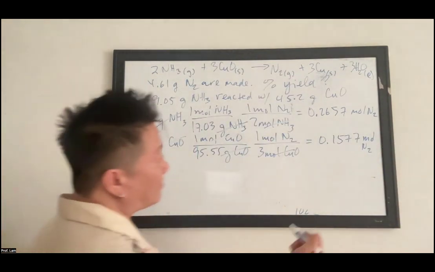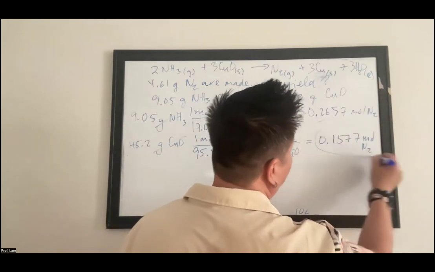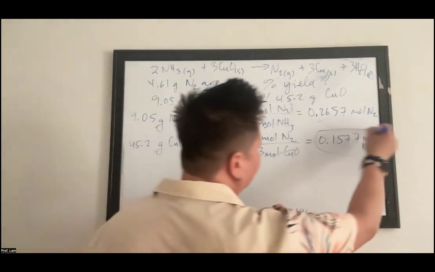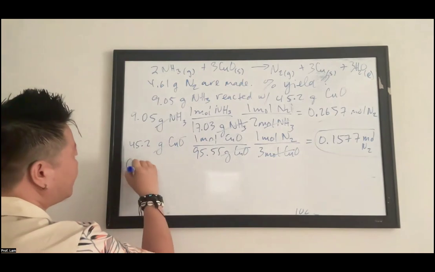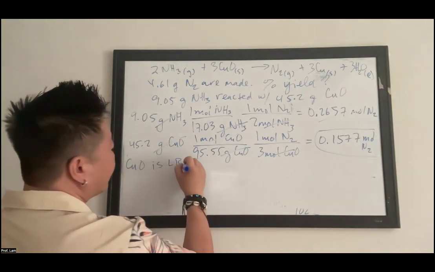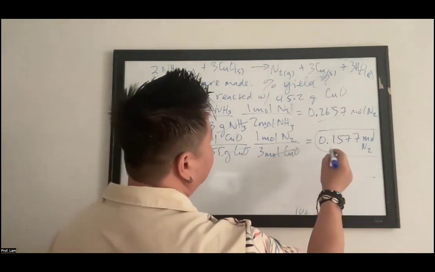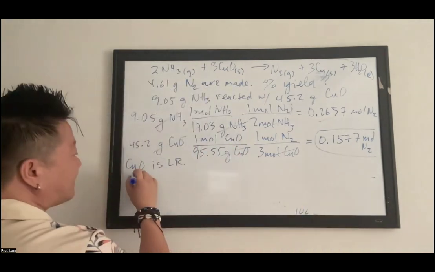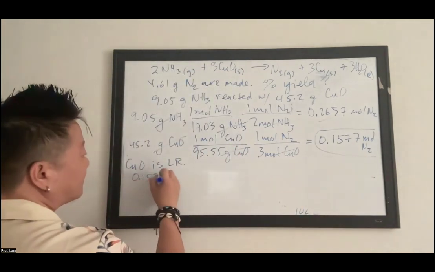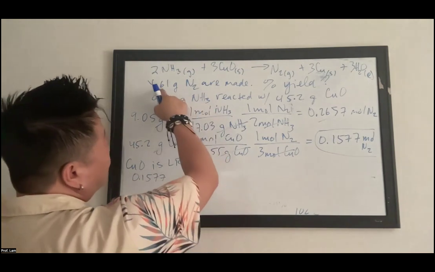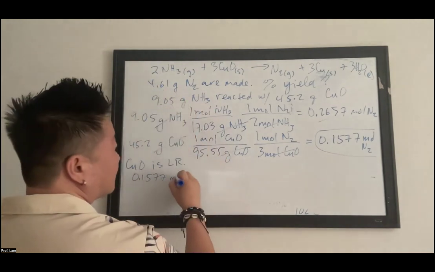Okay, so again, we pick the smaller number. Okay, which means our CuO is the limiting reactant. This is our theoretical yield, but we need to get it into grams in order to get the percent yield, right? Because the actual yield is in grams.